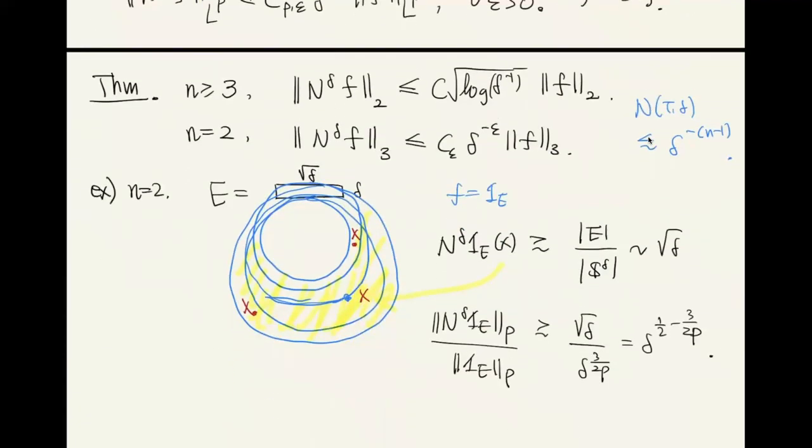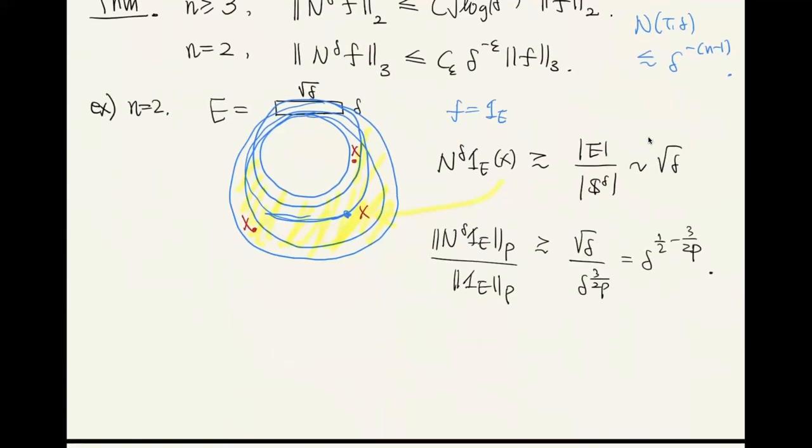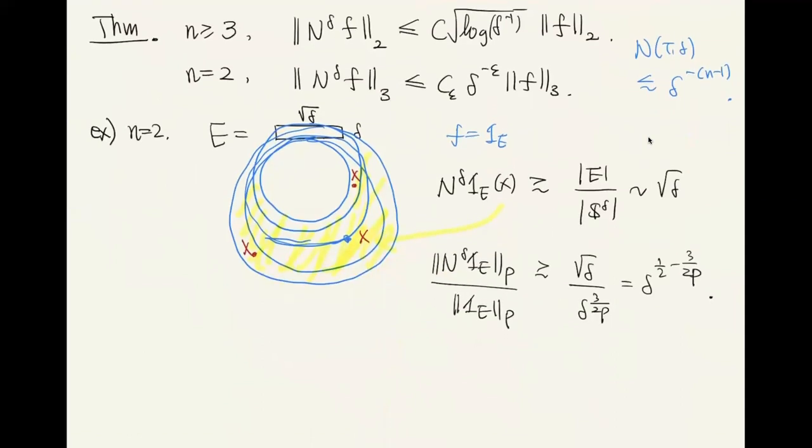This kind of idea goes back to the work of Chris Fogg, Andreas Seeger and Mockenhaupt, their new proof of Bourgain's circular maximal theorem.